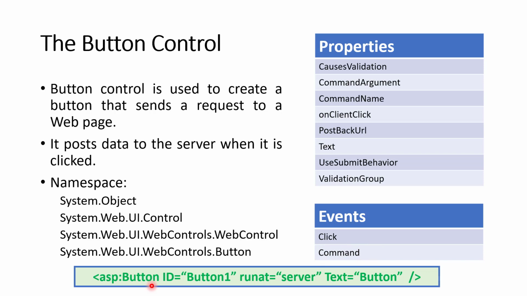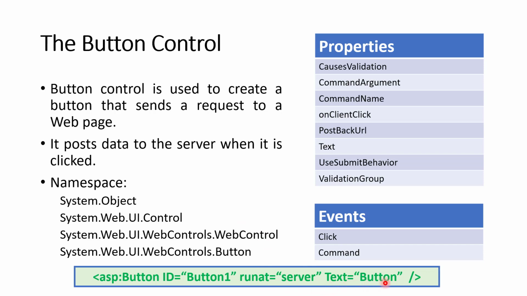In HTML, if you are going to use a button, then you are using the input tag, but ASP.NET standard controls are written like this. For example, <asp:Button ID="Button1" runat="server" />. The runat="server" attribute defines that this control is a web control and it will execute on the server. Next is Text equal to Button.